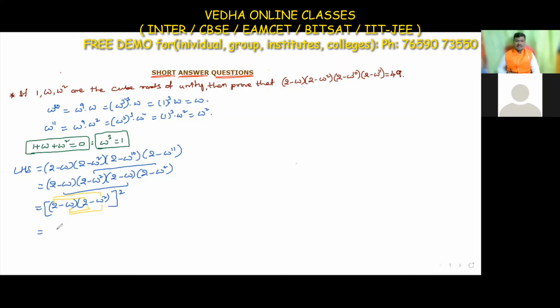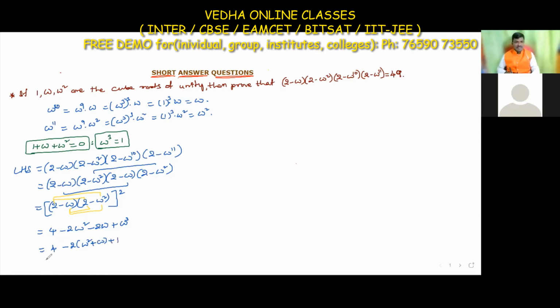If you multiply, 2 into 2 is 4, minus 2 omega square, minus 2 omega, and minus into minus is plus omega into omega square, which is omega cube. Now this is equal to 4 minus 2, taking common, (omega square plus omega), plus omega cube, whose value is 1.